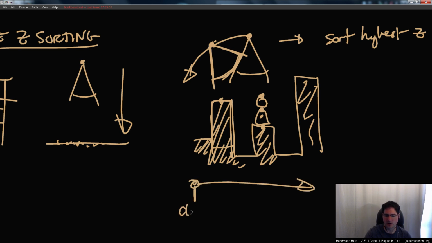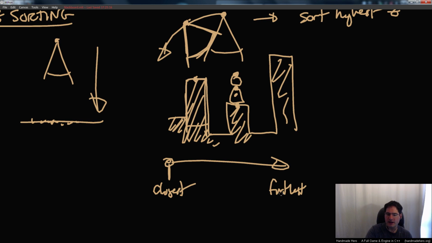So this is going to be closest, and this is going to be furthest, right? So in theory, it would seem that if we sorted by Y first, and then by Z, that might actually solve our problem.